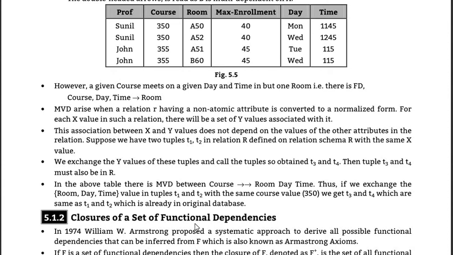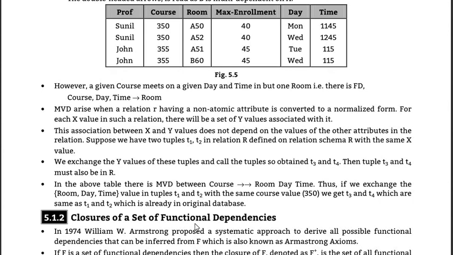Multivalued dependency arises when a relation R having a non-atomic attribute is converted to the normalized form. What is normalized form? There is no repetition of data or values. You can call it a normalized form.